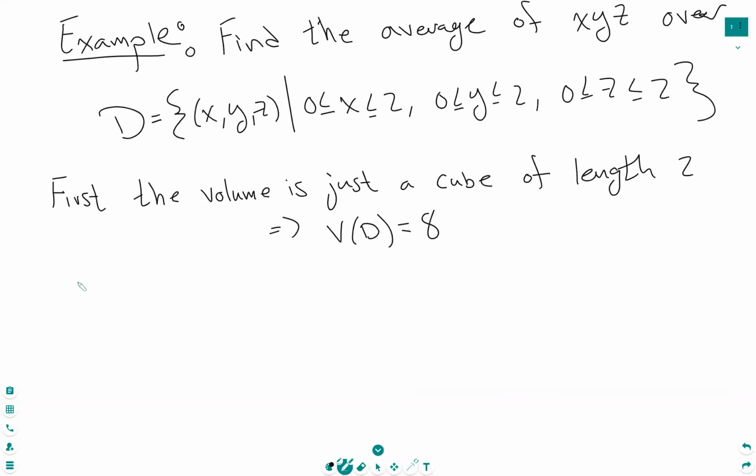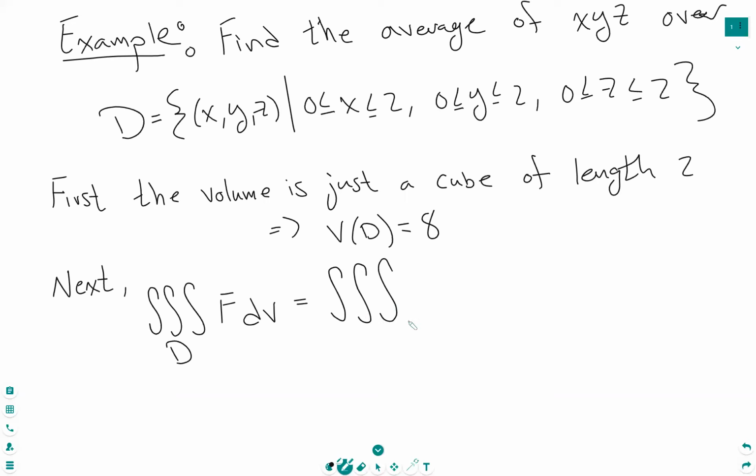So next, we need to calculate the triple integral over D of this function f that was x times y times z. So because we're just over some cube, the bounds are pretty easy.